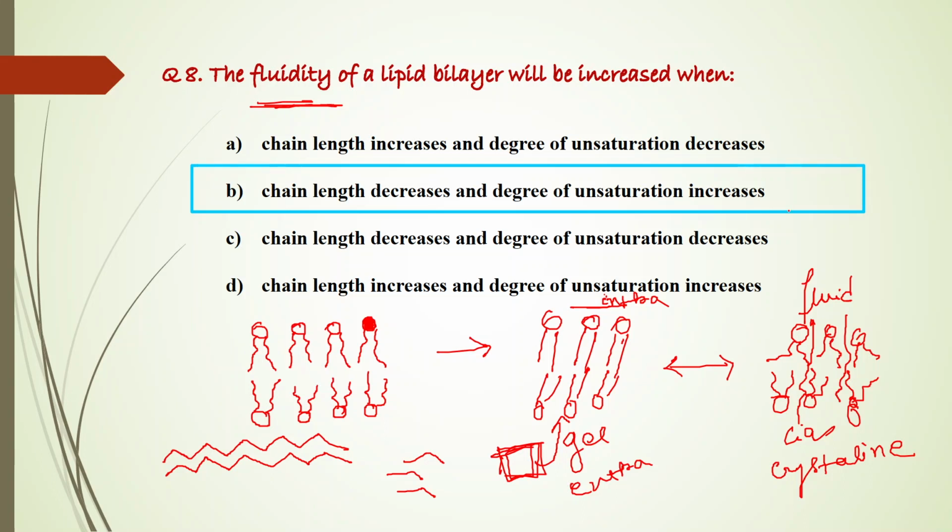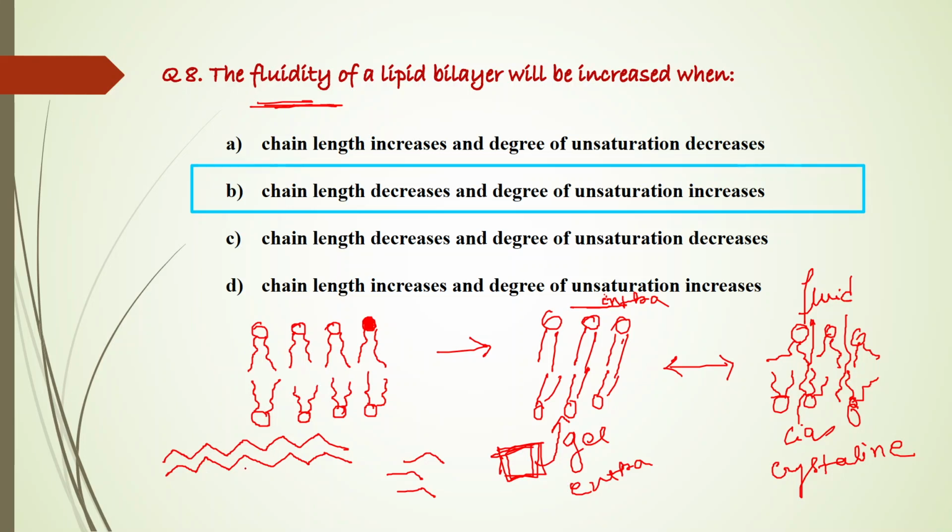The next part is the degree of unsaturation. As we discussed previously, when there is no unsaturation, in a fully saturated system with no double bond, the packing is very ordered, or crystalline.